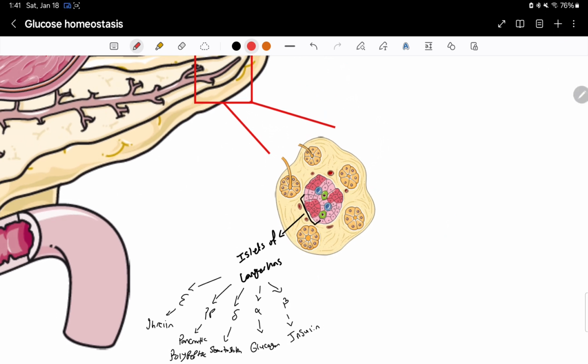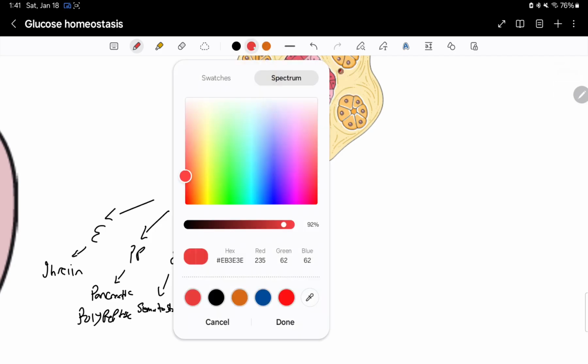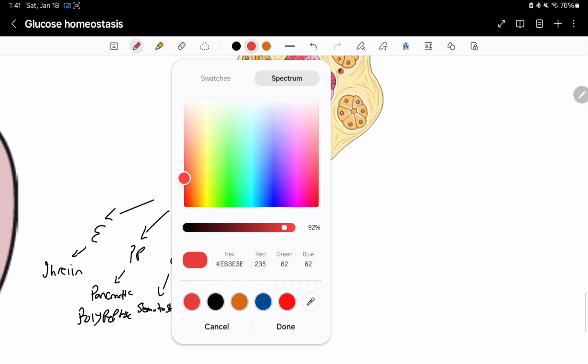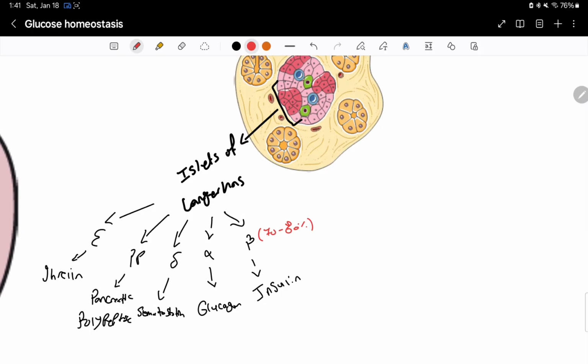So just a bit of note on what is the percentage of these cells within the actual pancreas, okay? So the beta cells are about 70 to 80% of the islets of Langerhans. And I misspoke beforehand. I said the pancreatic acini. I meant the islets of Langerhans, okay?